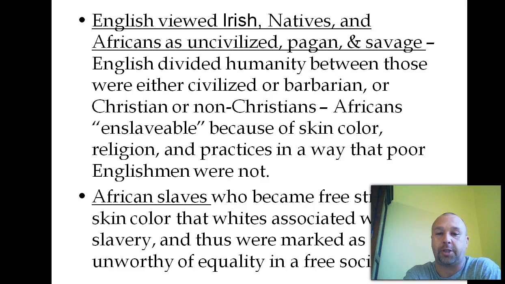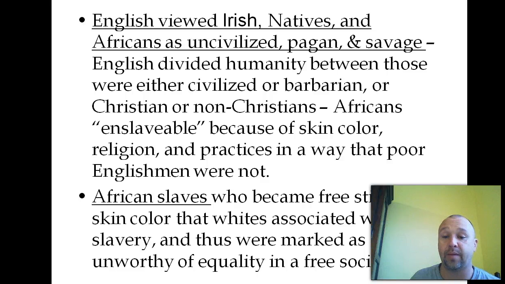And for the English, they're going to divide humanity between those that were civilized and those that were barbarian, or Christian and not Christian. And because the Africans had a darker skin color, a different religion, and had practices that were not English, they were deemed enslavable. And that was their justification.